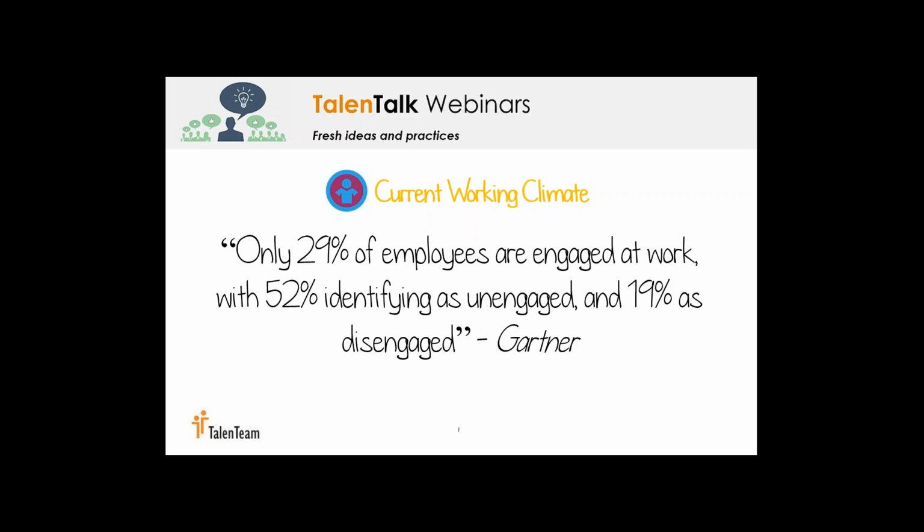A good quote we've seen from Gartner here is that only 29% of employees are engaged at work, with 52% identifying as unengaged and 19% as disengaged. So, as I said, we need a means to recapture and re-engage those users. And gamification has proven to be a really good means of doing that.